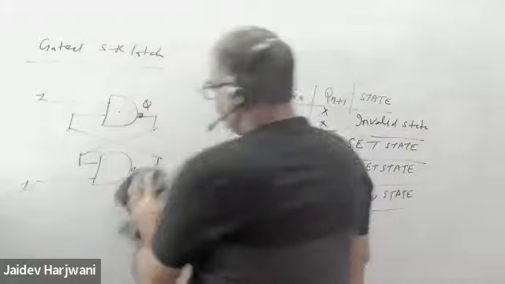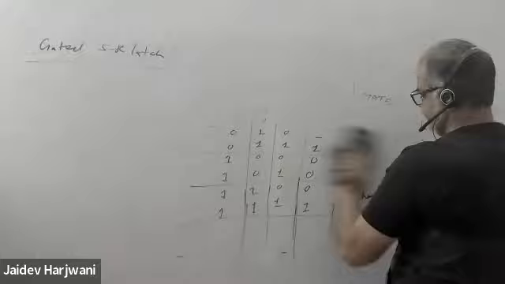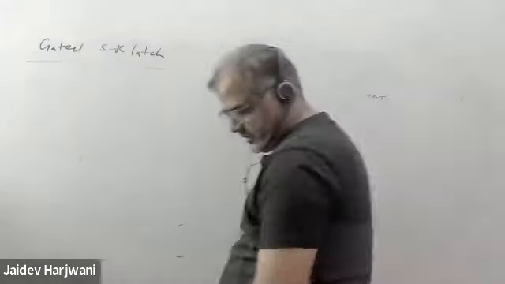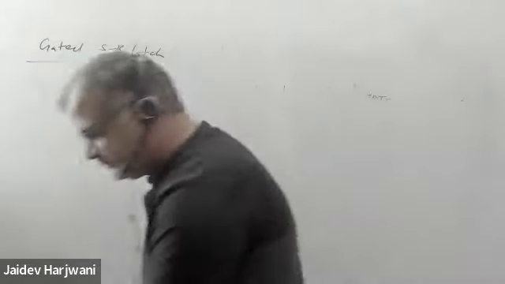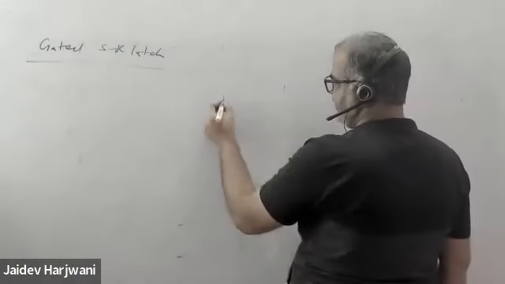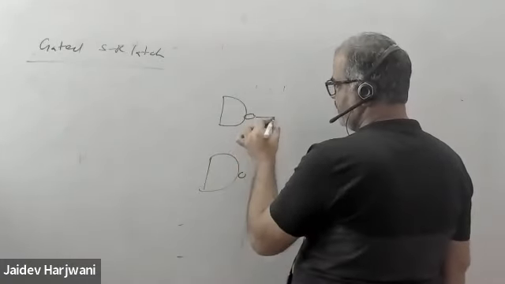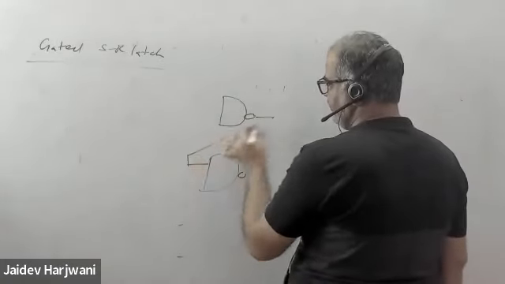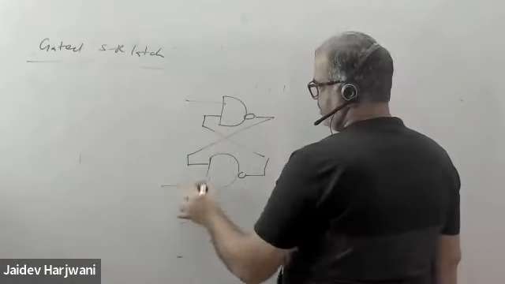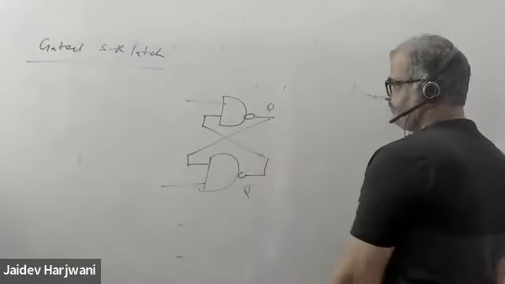So what is the logic circuit for gated SR latch? Now onwards you have to make the table. I'll just make a circuit. Again we have NAND gates here, where the output of one will be the input of the other. Here the variables are coming. This is my Q, this is my Q bar.